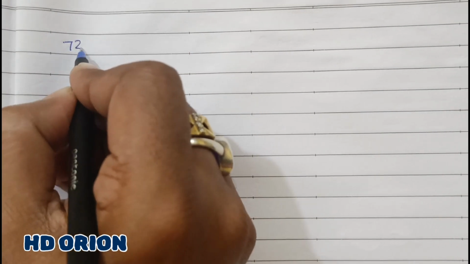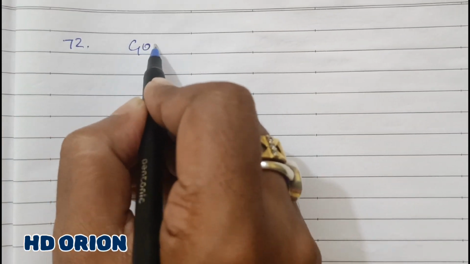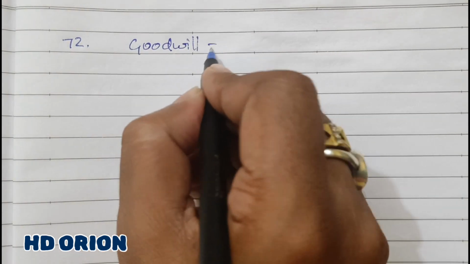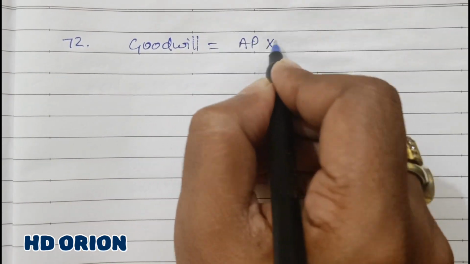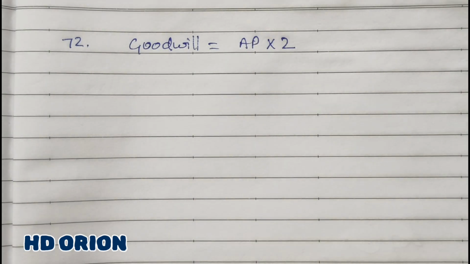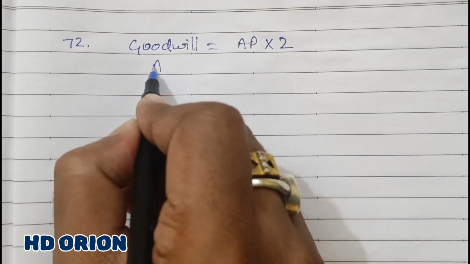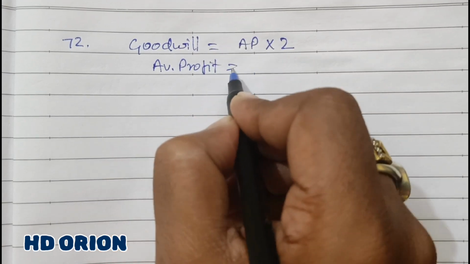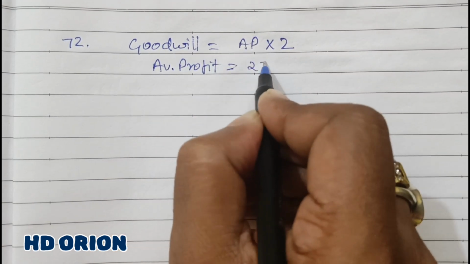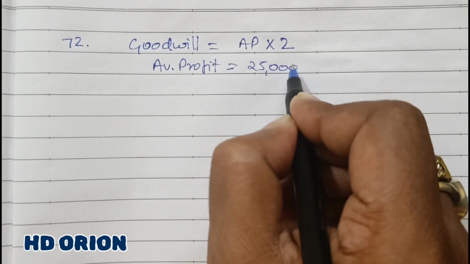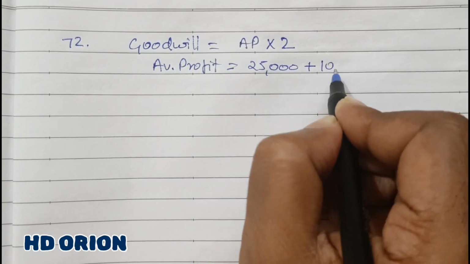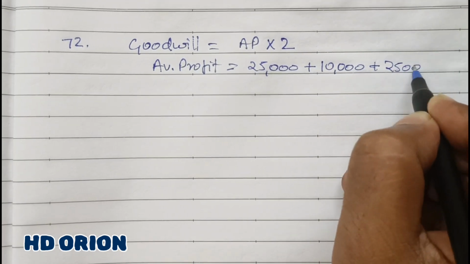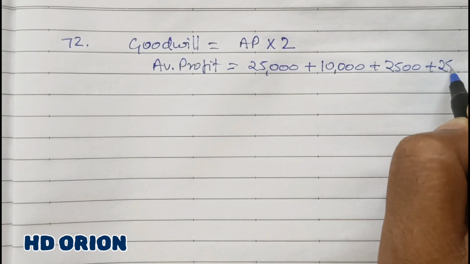Solution 72. First we will prepare or evaluate goodwill. Goodwill is to be calculated and it says that average profit multiplied by 2, an average profit of 4 years. So let us calculate average profit. 4 years' profit is given to us: 25,000 rupees, then 10,000 rupees, then 2,500 rupees and again 2,500 rupees.